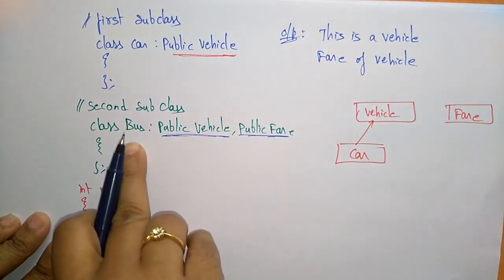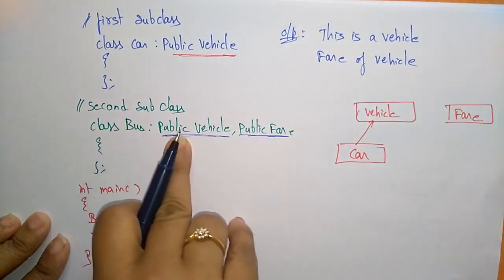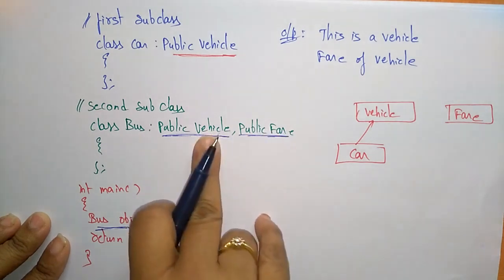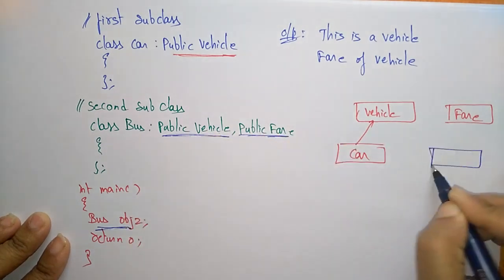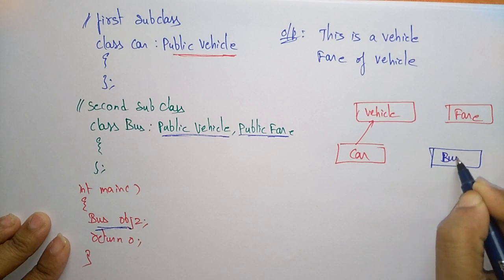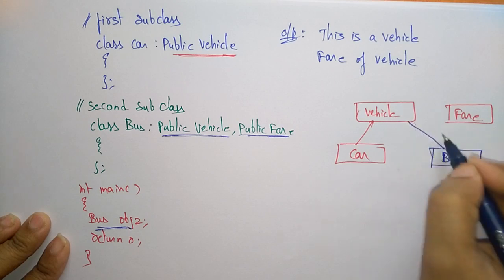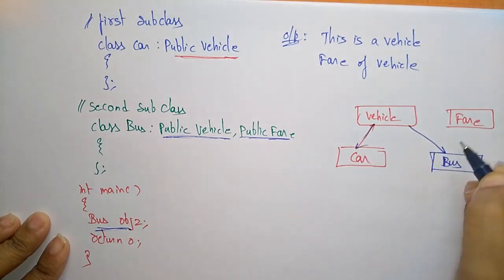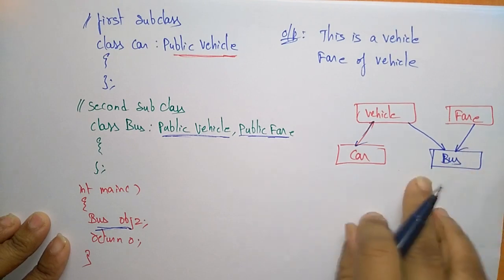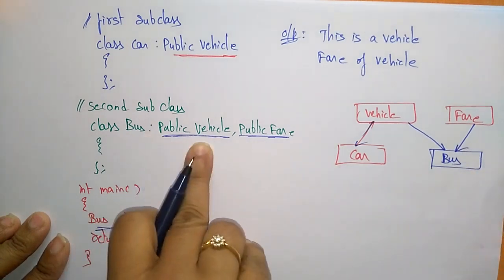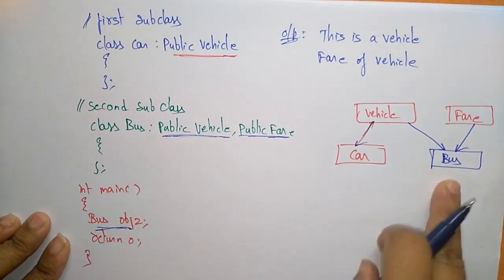Now the second subclass, that is Bus, inherits both Vehicle and Fare. Bus is inheriting both Vehicle and Fare.